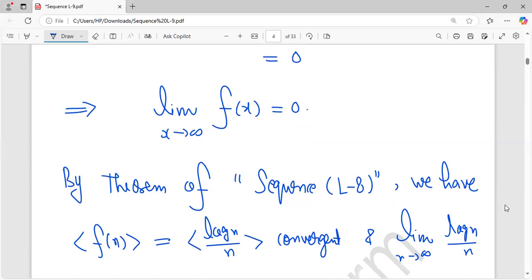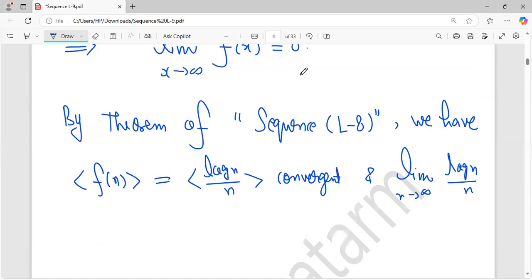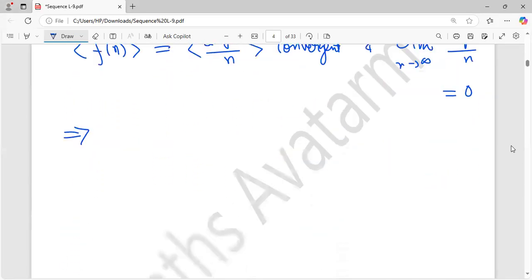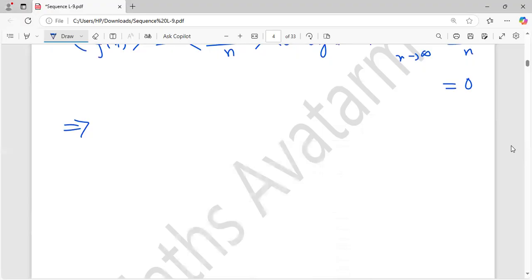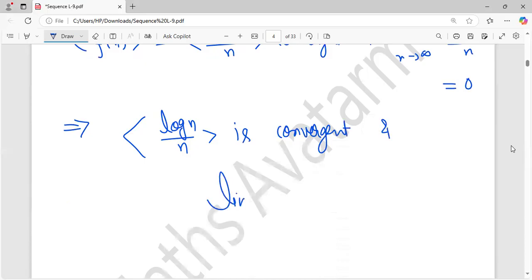So what is L here? L is 0. So this implies log n upon n is convergent and the limit as n tends to infinity of log n upon n is 0.